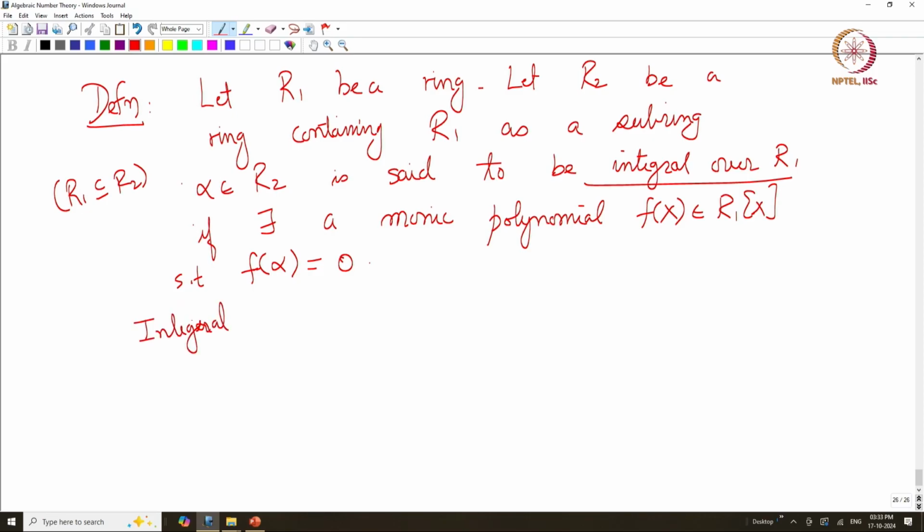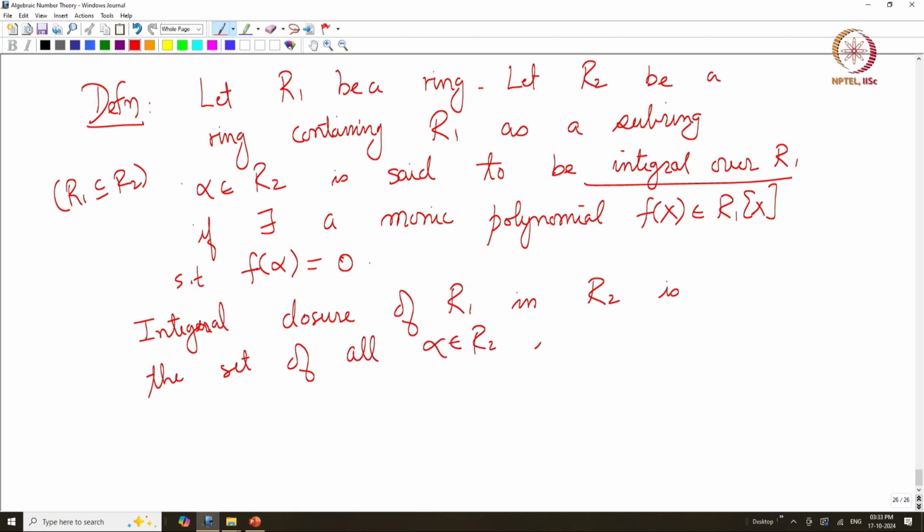The integral closure of R1 in R2 is the set of all alpha in R2 that are integral over R1.